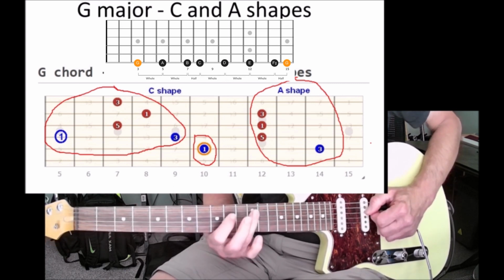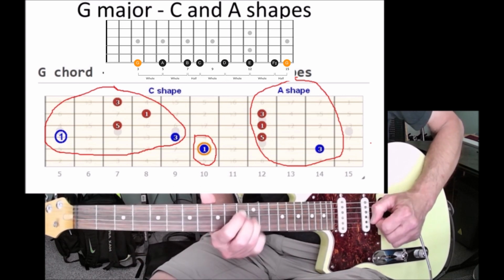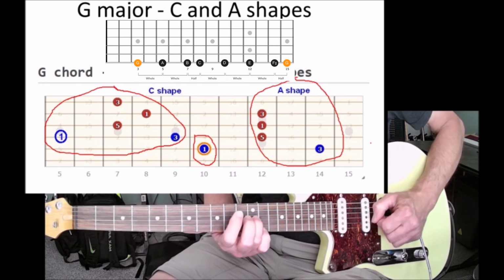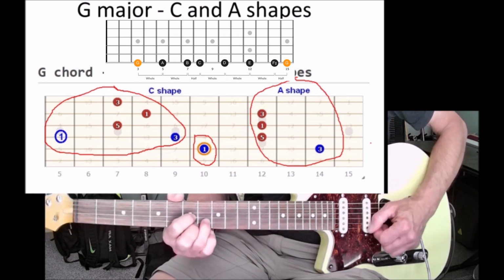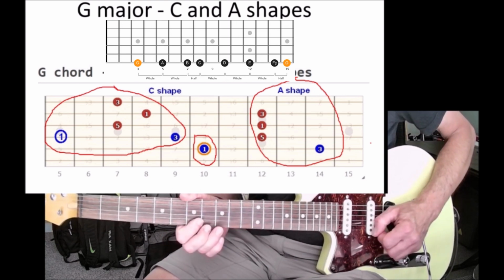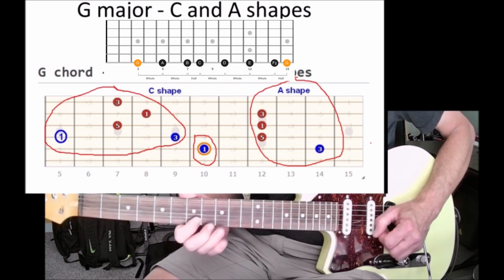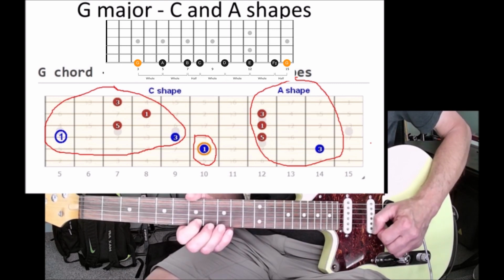And if we look at that A shape, that's the 1. Of course, we already know it because that's the G string and we're 12 frets up. So here again, this is the 3, right? I know that it's a half step to the 4. So if I'm on the 3, I know it's a half step.